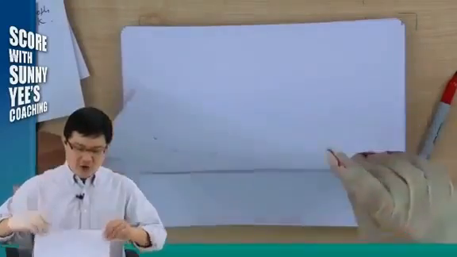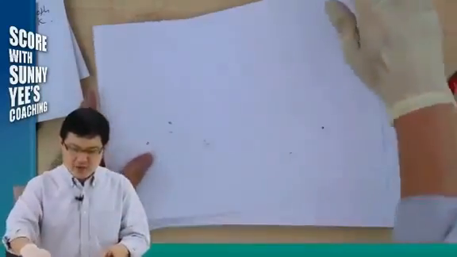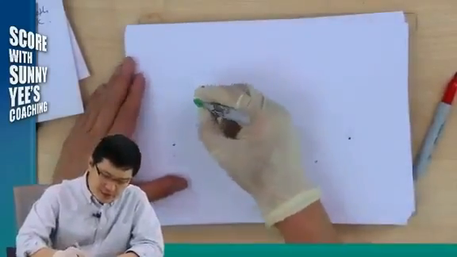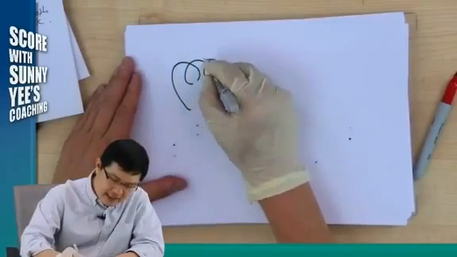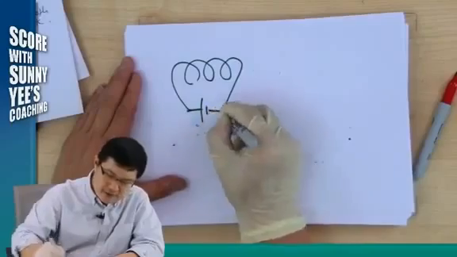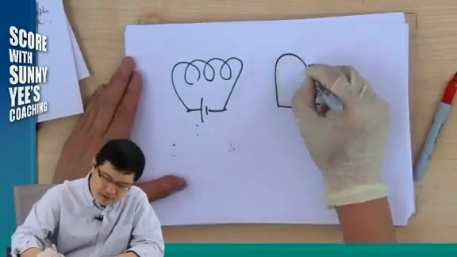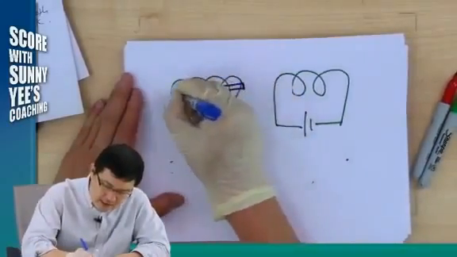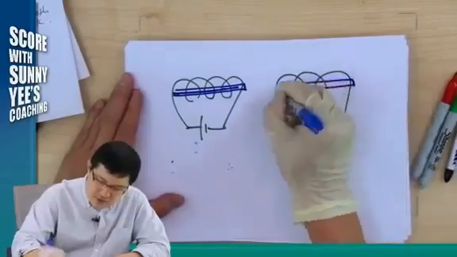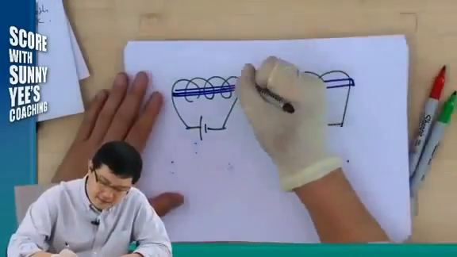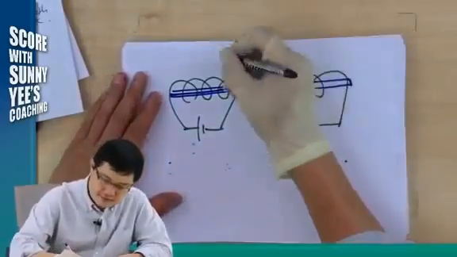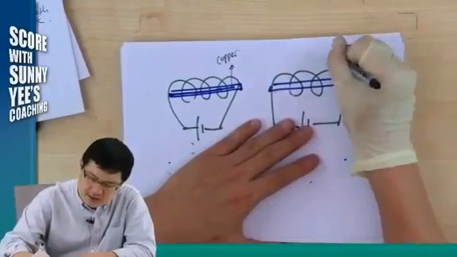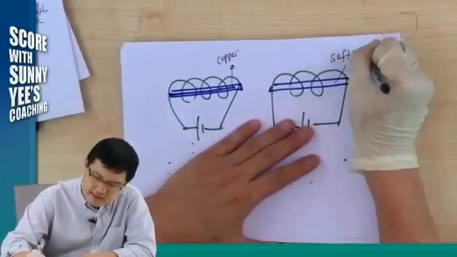And we must always make sure that we use, say, if I have a coil again, a solenoid, and this is also another solenoid, but this time one has a copper rod and the other is a soft iron rod.